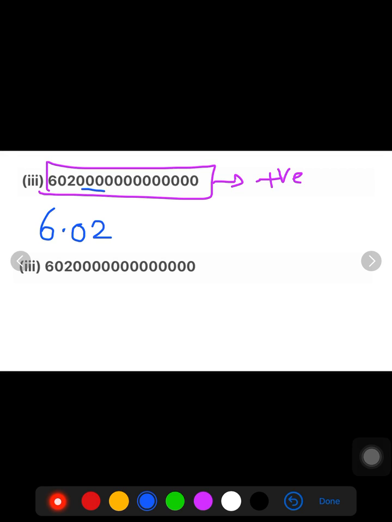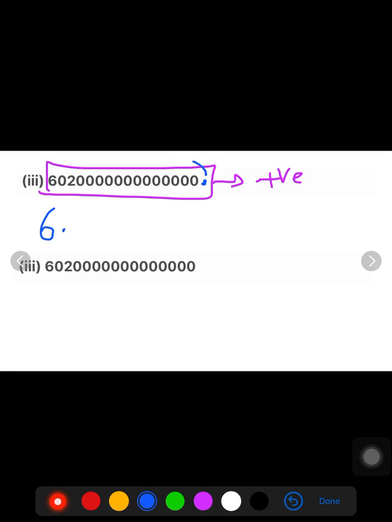Until the zero starts, till that number you'll be expressing it in standard form. So 6.02. Now when your number is like this, without any decimal point, it's understood that your decimal point is over here.